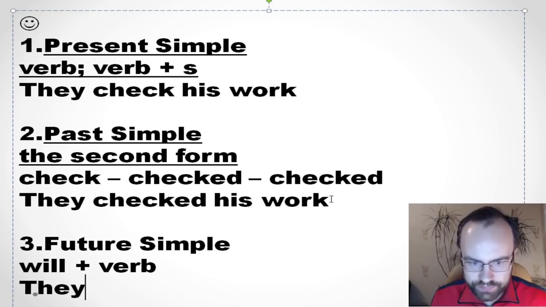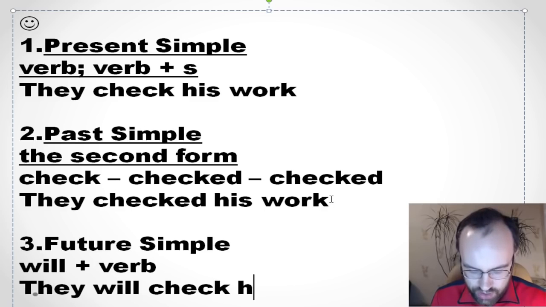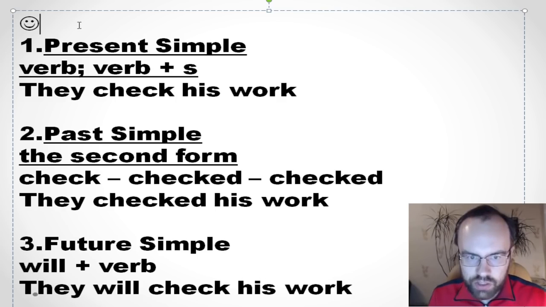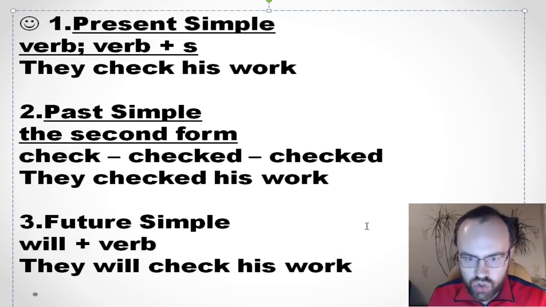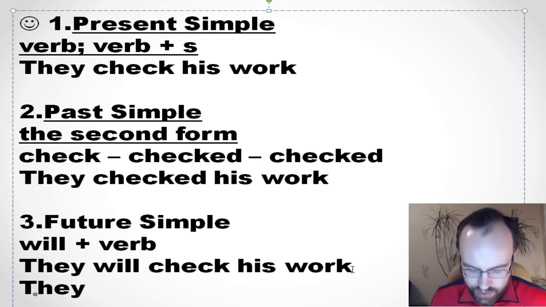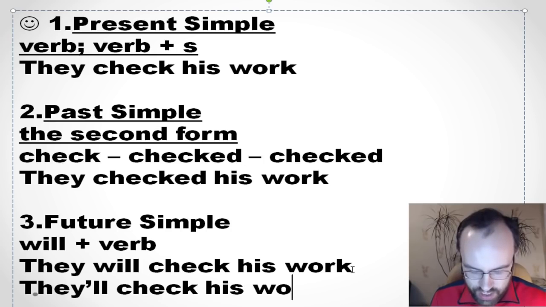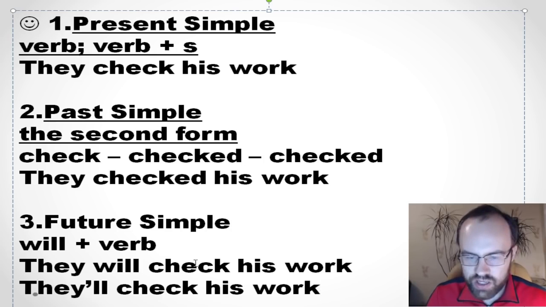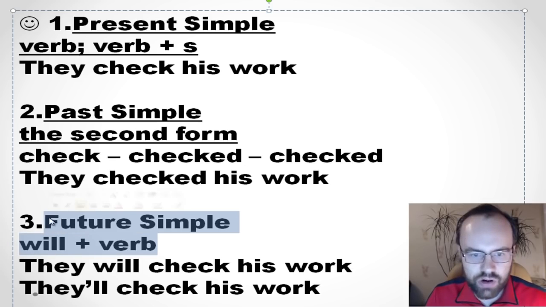So they will check his work. Normally we use a short form instead of a long form, so you say they'll check his work, and it's a very good idea to say it this way. It sounds very natural.